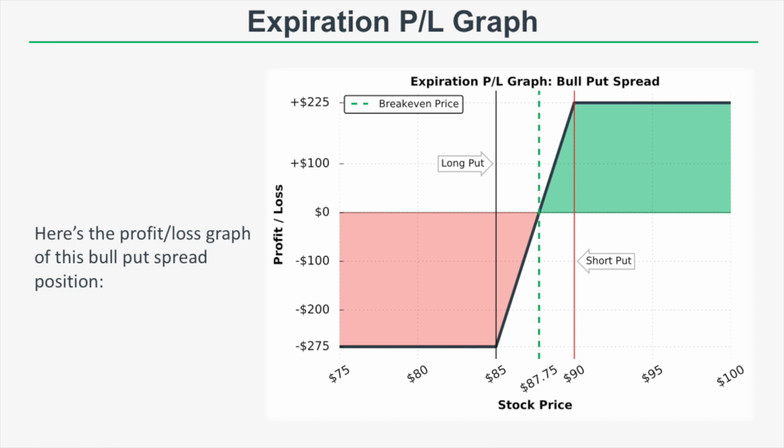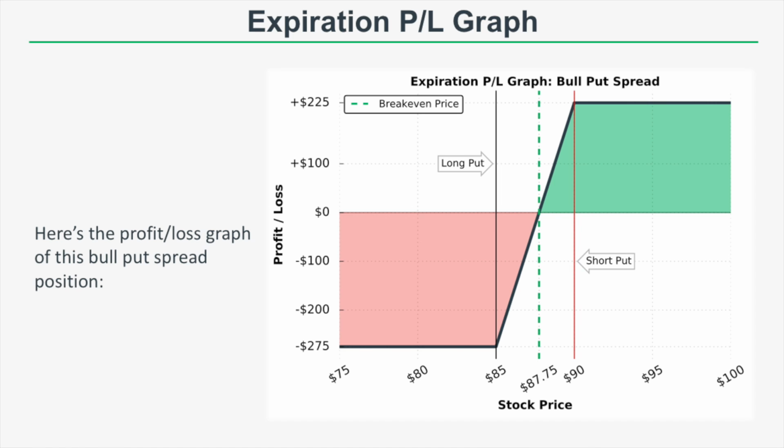That's because we collected a net credit of $2.25, so if this entire put spread expires out of the money and the short put and long put expire worthless, we keep that $2.25 credit. The standard option multiplier is 100, so since we collected $2.25 on that spread, that results in a credit of $225 that we can potentially make.